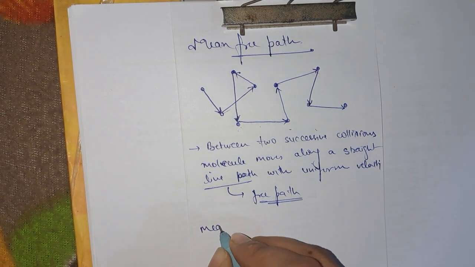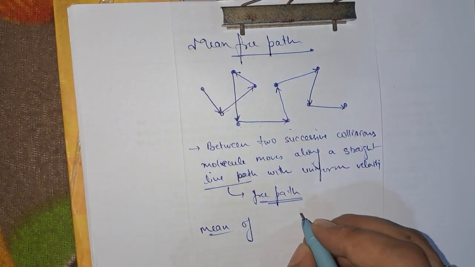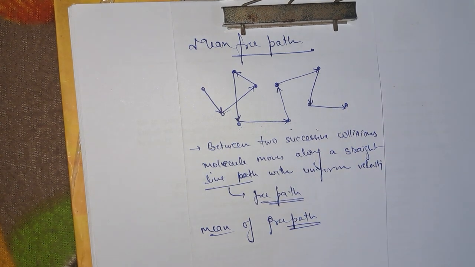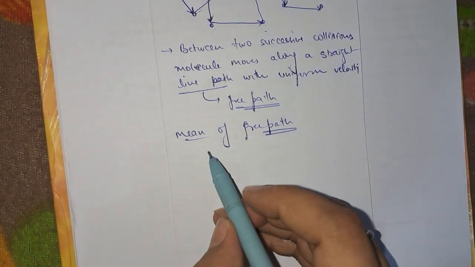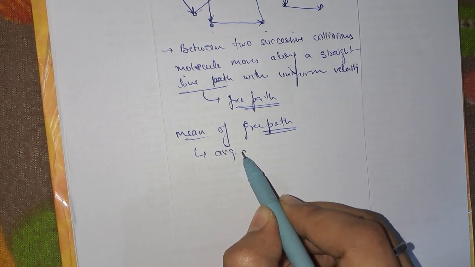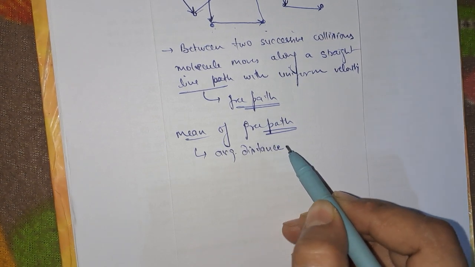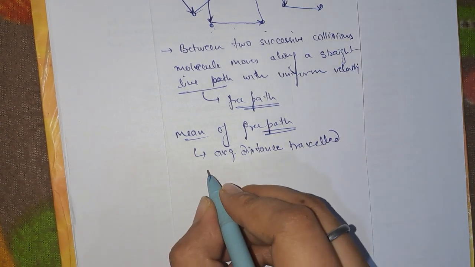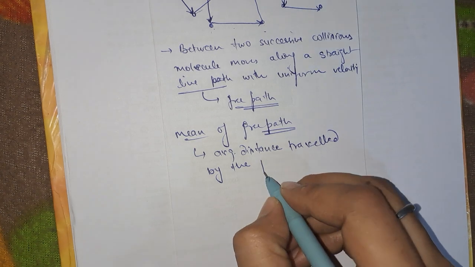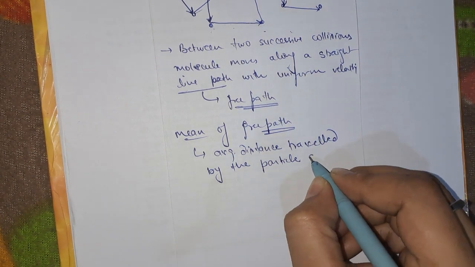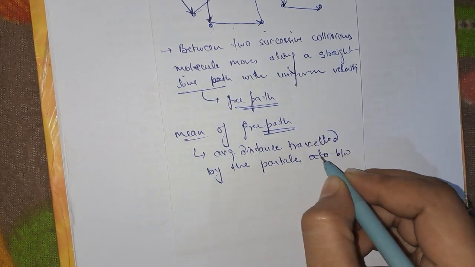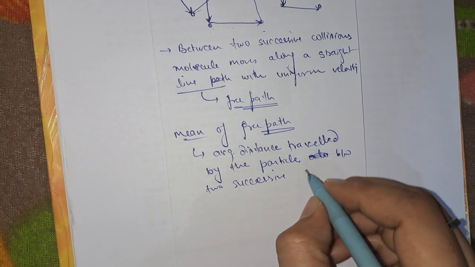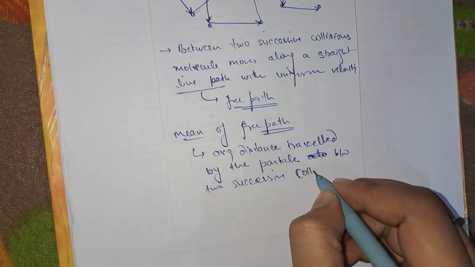So it is the average distance traveled between two successive collisions.